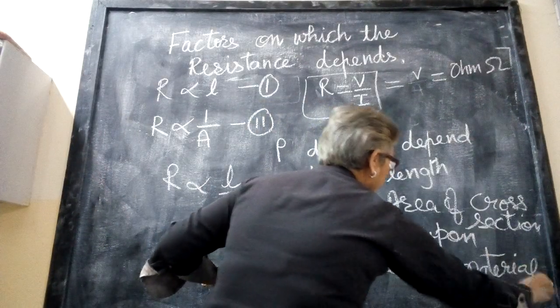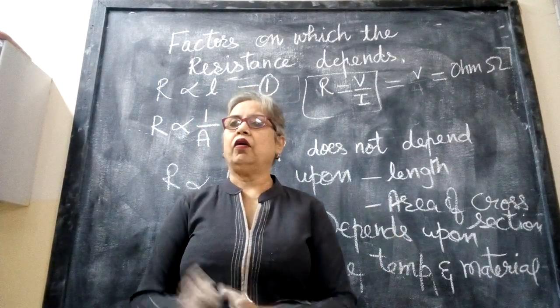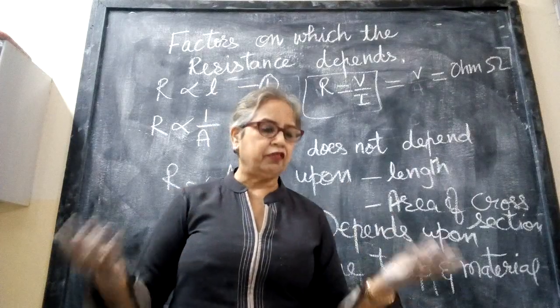Okay. So first thing, resistivity is independent of the length or the area of cross section of a given wire, right?